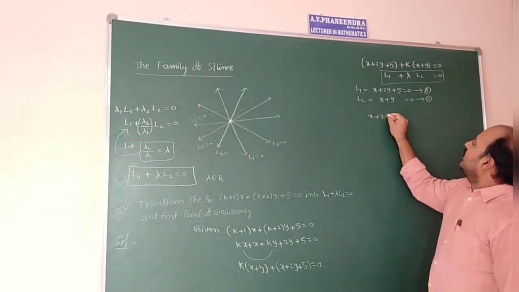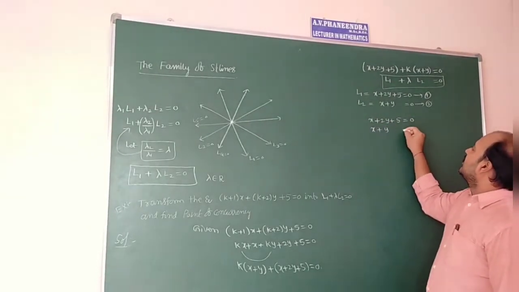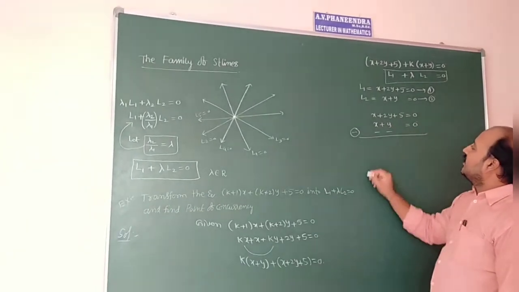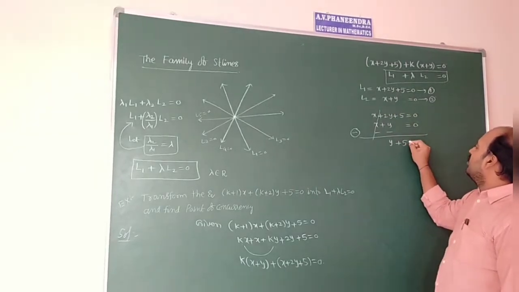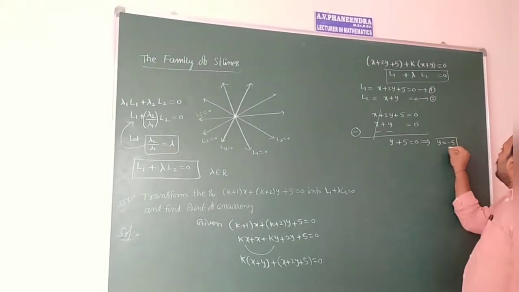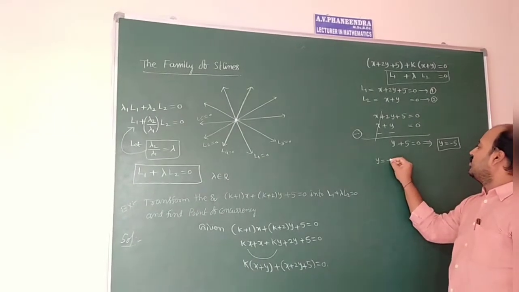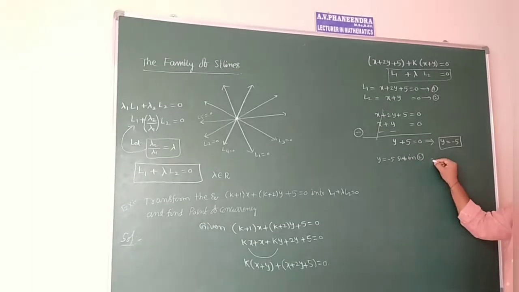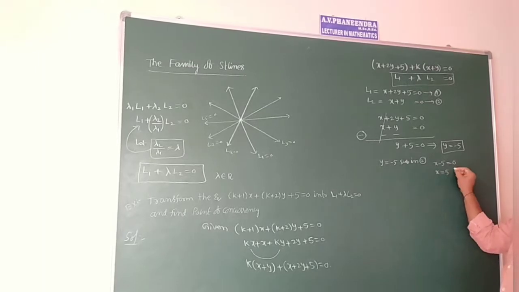x plus 2y plus 5 equal to 0, x plus y is equal to 0. Whenever we subtract, the sign changes, here minus, and these two will be cancelled. 2y minus y is y, plus 5 equal to 0, that implies y is equal to minus 5. Substitute y is equal to minus 5 in either the second or first equation: x minus 5 is equal to 0, so x is equal to 5.